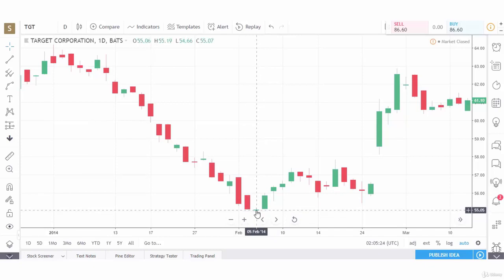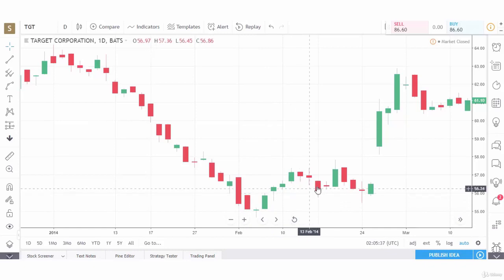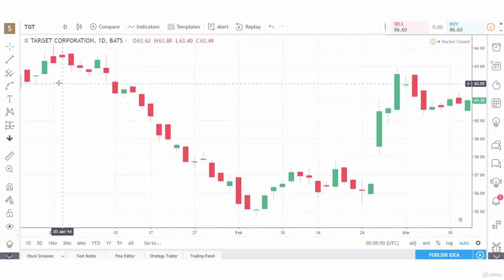The hammer shows that the bears were in control, drove the price down to a low of 54.66, but then couldn't hold the stock down any longer. As we can see in this pattern, the hammer held, and there was a very nice move to the upside in Target. If we had been trading the stock at this level on January 27th, this also may have looked like a hammer or another candlestick pattern that would indicate that the bearish trend had run its course.